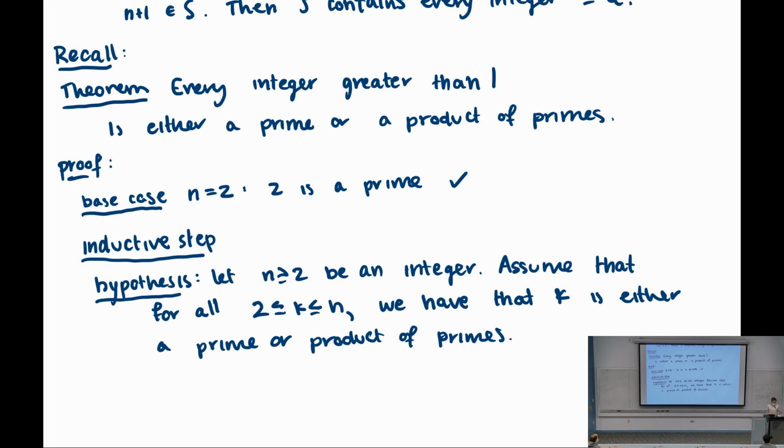This is our hypothesis, and what we're going to prove is that n plus 1 is either a prime or a product of primes.